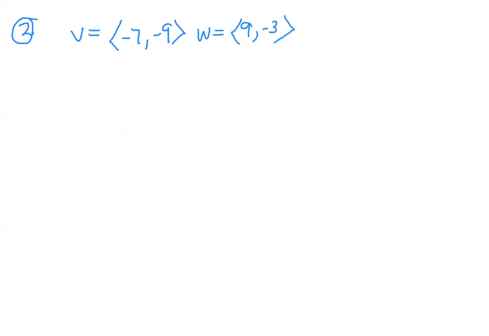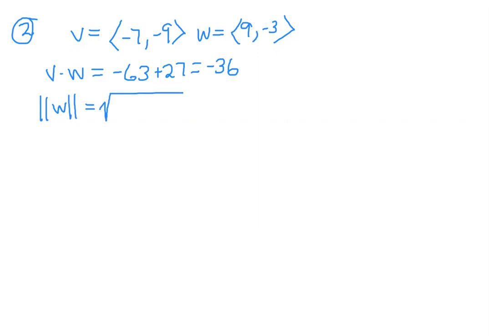So we need to find the dot product, which is going to be negative 63 plus 27, which is negative 36. Is that right? And then we have to find the magnitude of W, which is the square root of 81 plus 9, which is the square root of 90.